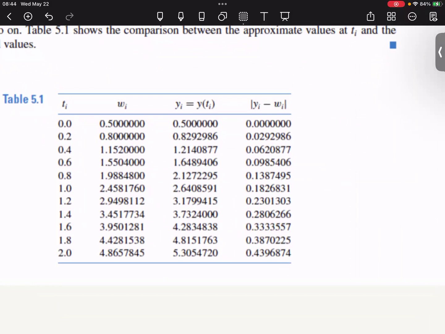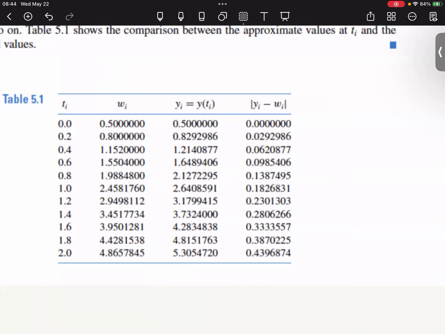At the very beginning, what's the error? It is 0, because we set w_0 to be the initial value, right? And you will see this is becoming bigger and bigger.